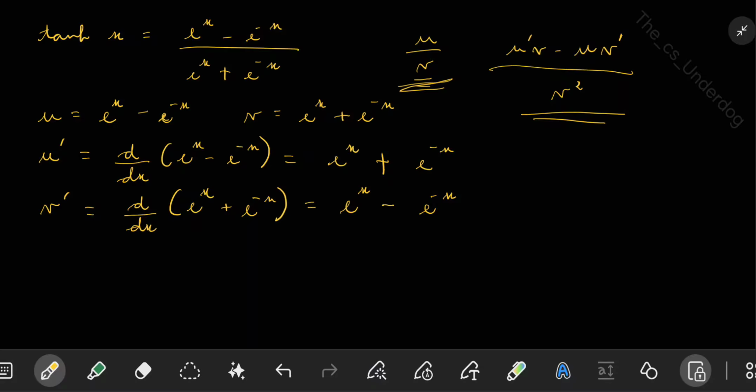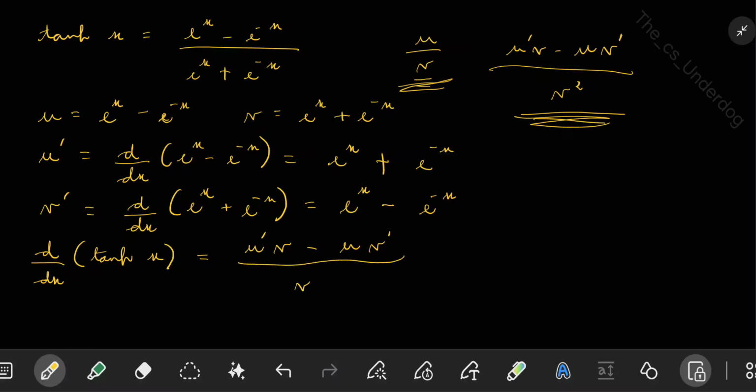Now it's time for us to find the derivative of tan hx, d by dx of tan hx. In this u by v form, I'm going to write it as u dash into v minus u into v dash whole divided by v square. At this point I just have to substitute the values of u dash, v dash, u and v.